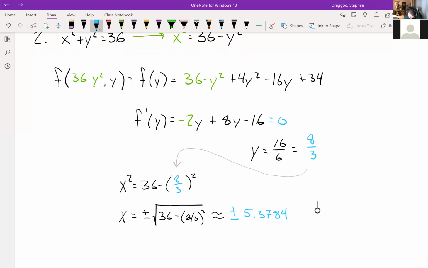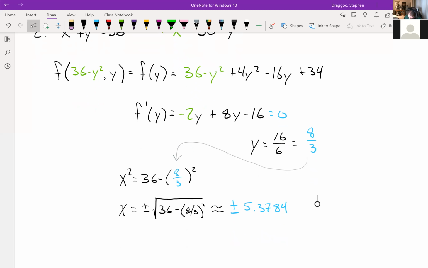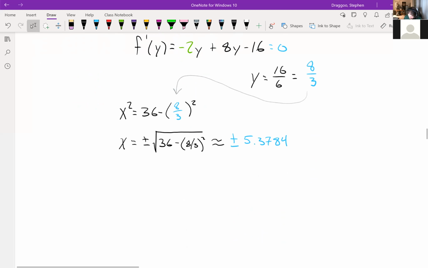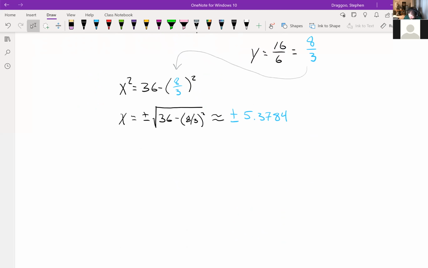The next big thing is I want to actually look at the domain of this function, or sketch out the domain of this function.